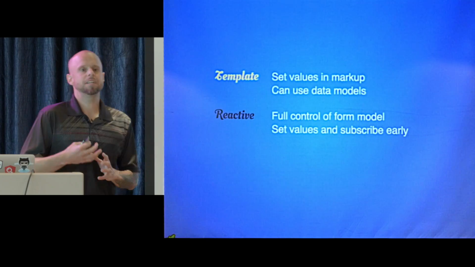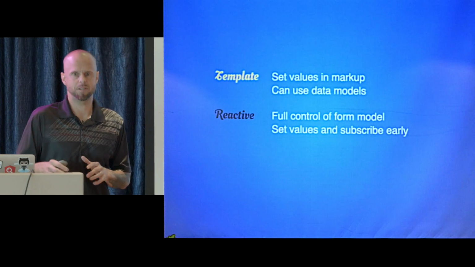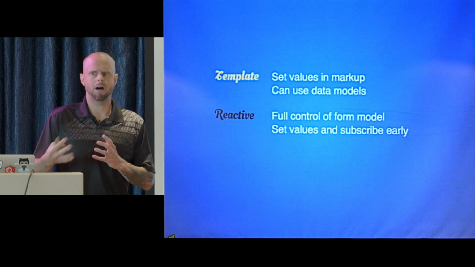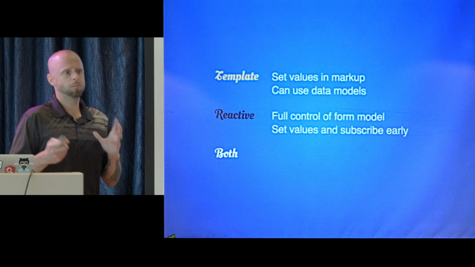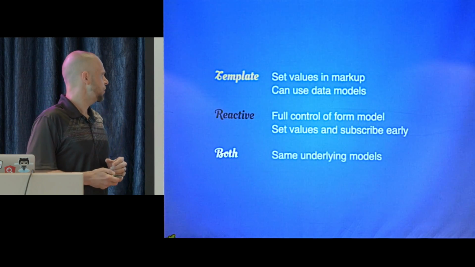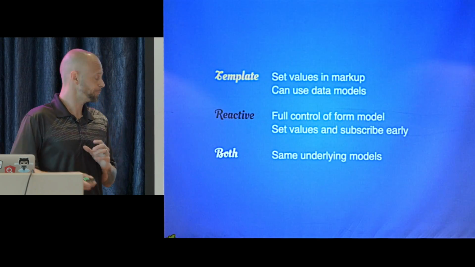So there's a handful of differences here, right? But it kind of feels like template's trying to hide some stuff from us. I mean, it kind of feels like we're working with the same type of form objects for each. Even if we create our own form models and our own data models and we bind that, template's going to create the same underlying models that we would do with reactive forms, right?